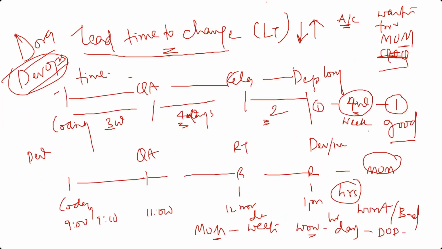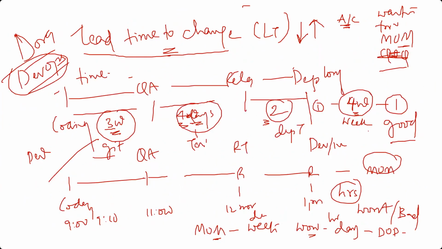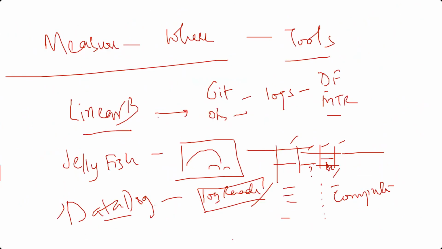In case of lead time to change, you will have to compute this time. You will get this time in Git. You will get this time in the test suite. You will get this time in deployment tools. So if you give logs of Git, logs of test suite, logs of deployment to Datadog, Datadog will eventually understand them and compute those metrics.